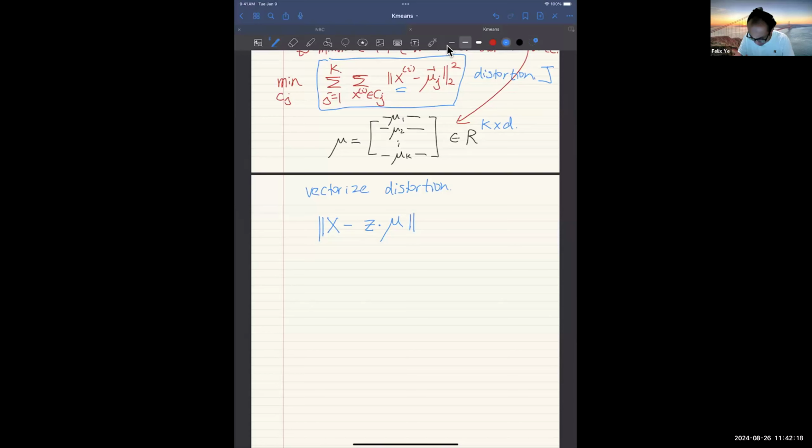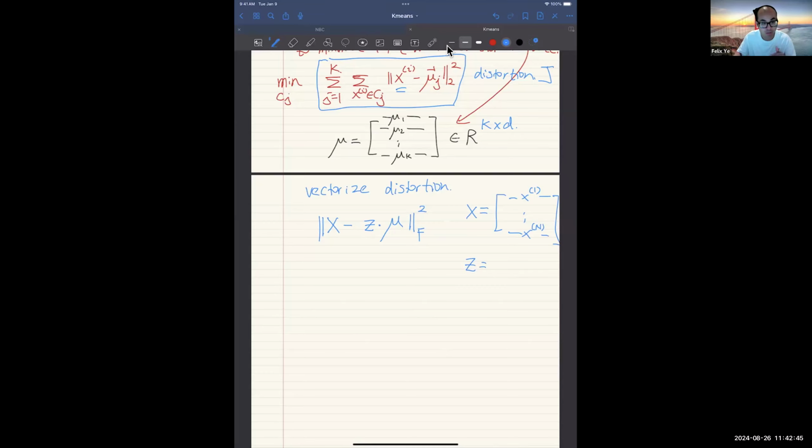To vectorize it, here we are using the square of the Frobenius norm. X here is the data matrix, x of 1 to x of n. This Z matrix is purely the assignment.